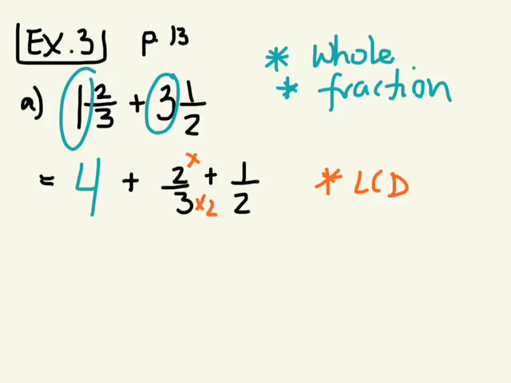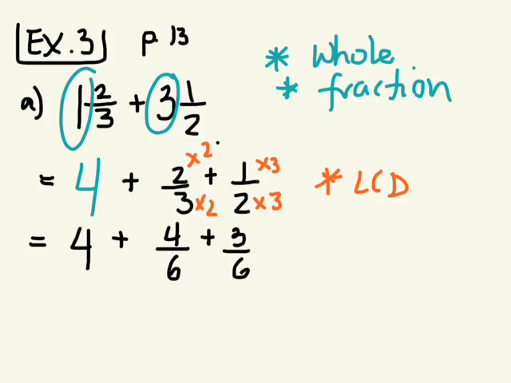Whatever you do to the denominator, you must do to the numerator. 2 times what is 6? 2 times 3. So what do I have to do to the numerator? Multiply by 3. Good. So we have our 4 plus, we're now going to write an equivalent fraction. 2 times 2, 4/6 plus 3/6.